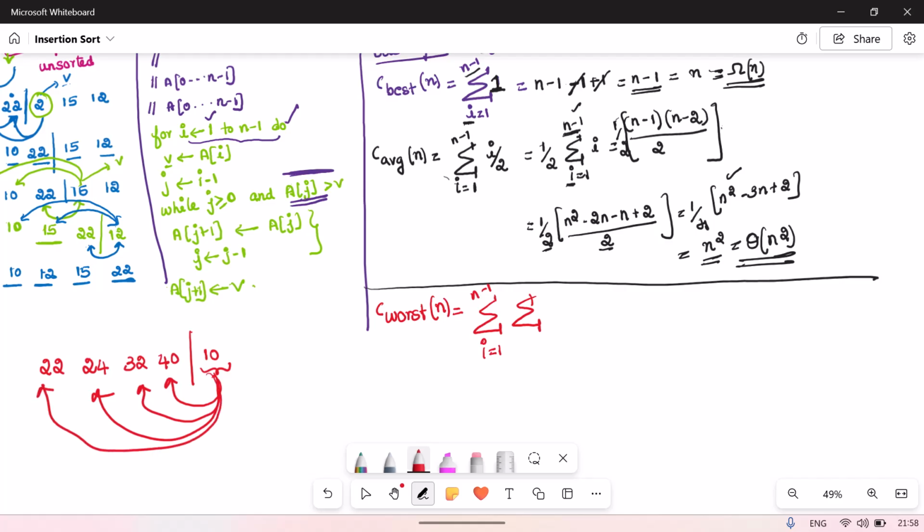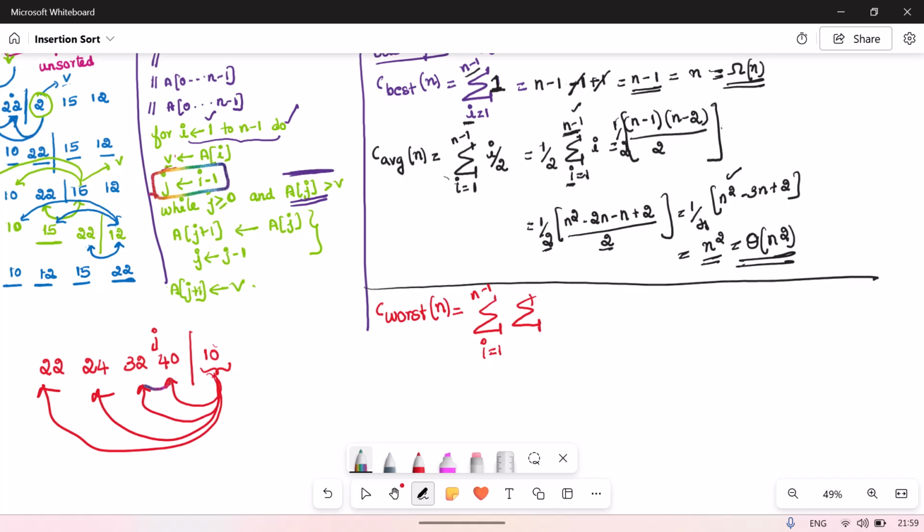In that case, not only will i be increasing from 1 to n minus 1, j will be decreasing, right? This statement will get executed the maximum number of times. Not this j statement, sorry, this one.